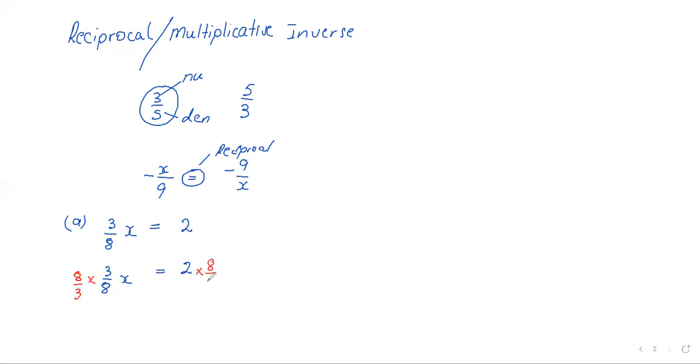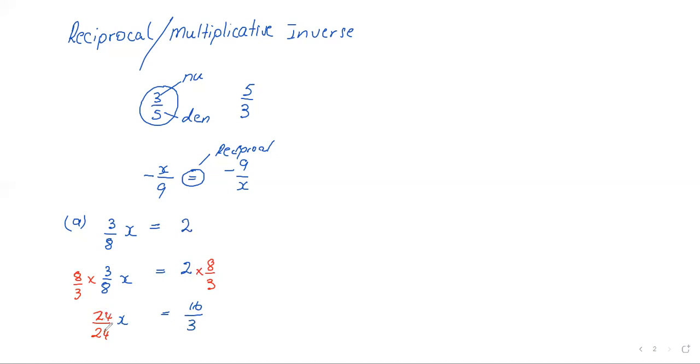Now 8 multiplied by 3 in fractions gives us 24. 24x is equal to 2 times 8 is 16 over 3, because there's a 1 there.